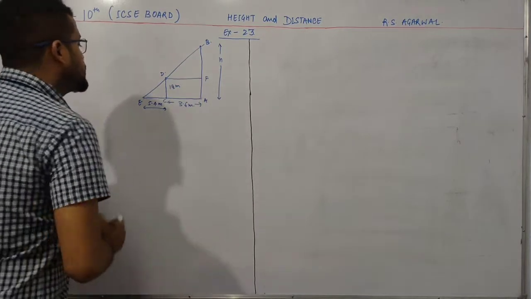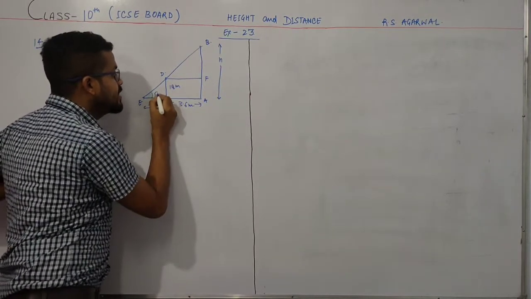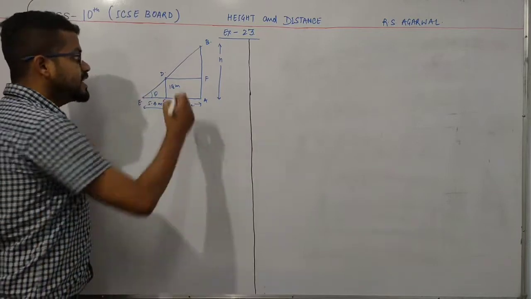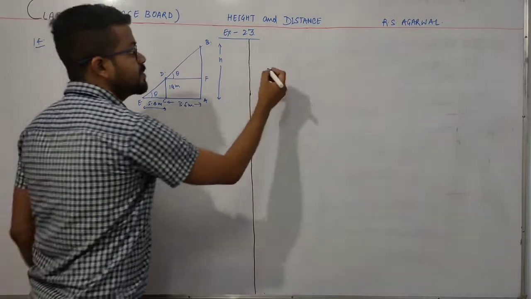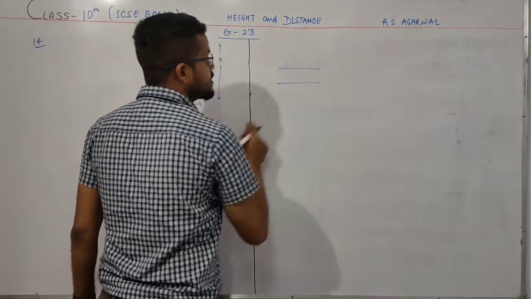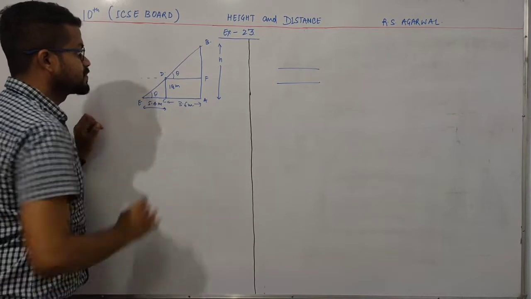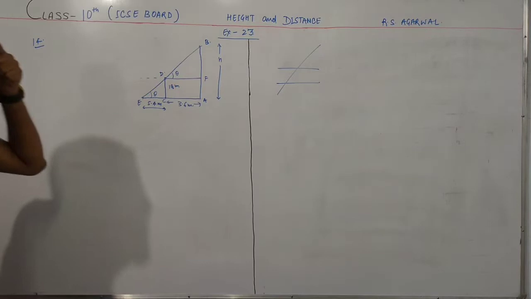So if this angle is theta, we can say that this is also theta. How could this happen? Here these are two parallel lines, and this is the slant line.